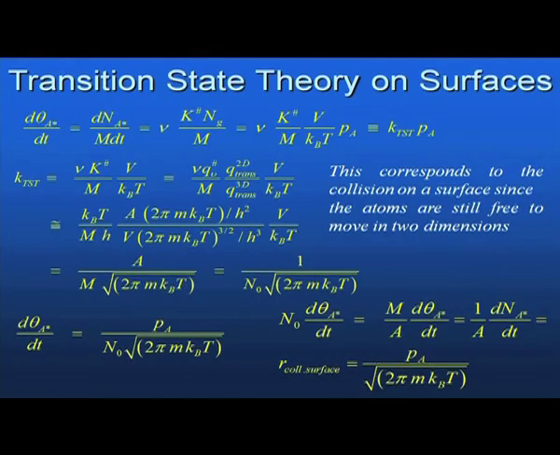In that case we discussed the indirect adsorption process, and we ended at this expression: d theta A star dt is equal to P A, the pressure of A, divided by N 0, that is the number density of sites available, times the square root of twice pi m k B T. This corresponds to the collision on a surface, since the atoms are still free to move in 2 dimensions, that is on the surface, there is collision.